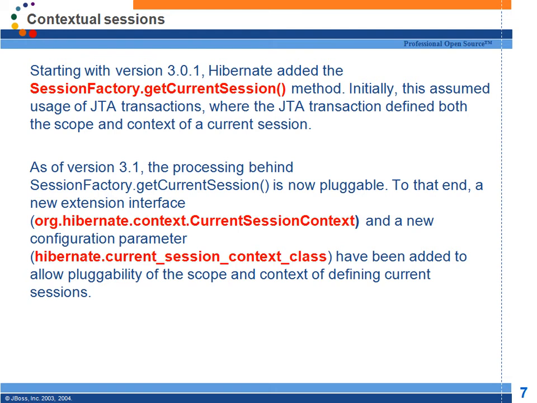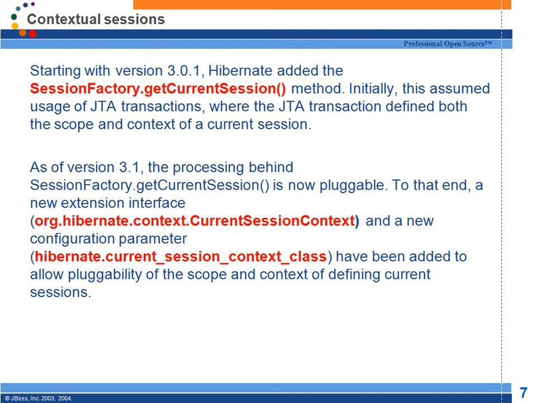If you keep the value of this property as jta, then your session will be scoped to the JTA transaction. From 3.1 version of Hibernate, it is made pluggable, and we can plug it to either thread or JTA by this parameter, right? Any notes?